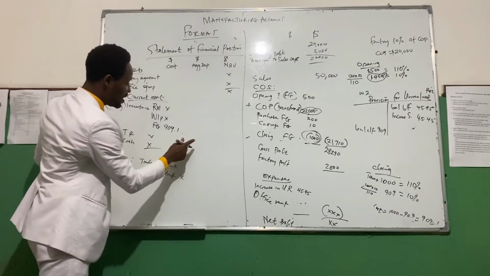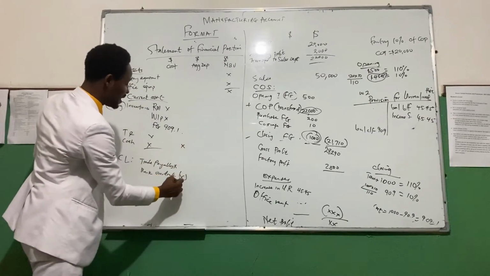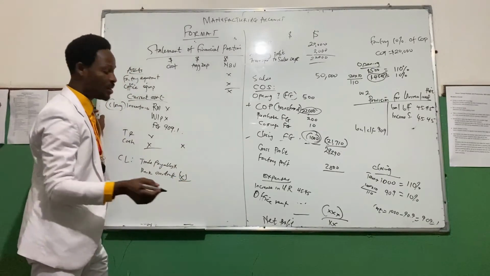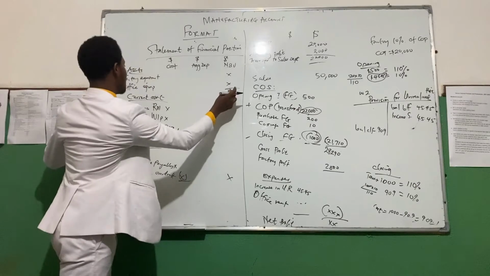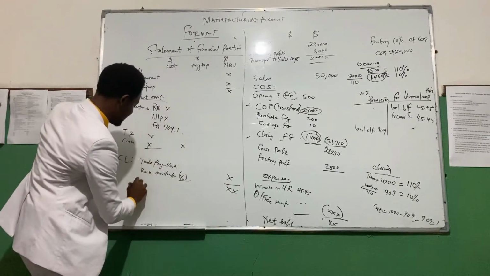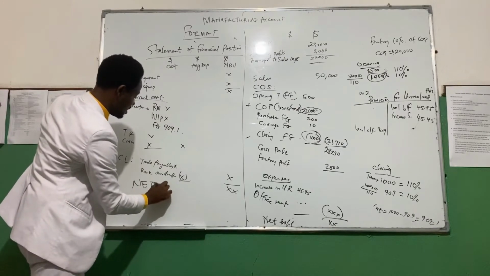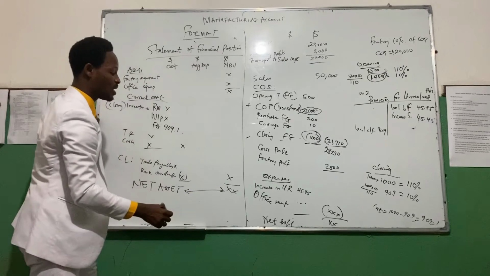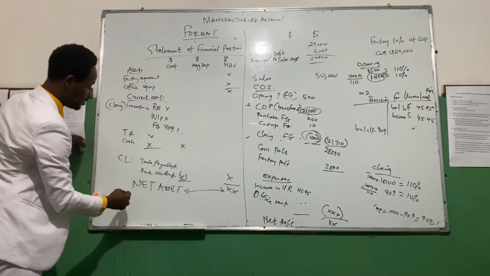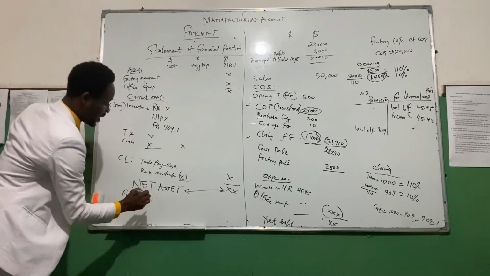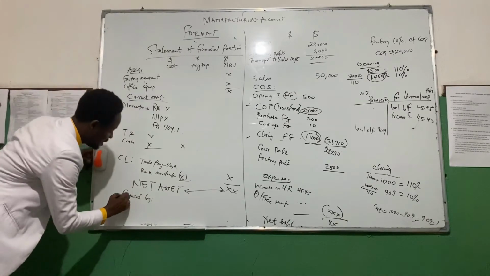When you deduct current liabilities from current assets, you get net current assets or working capital. Your working capital plus non-current assets gives you net assets. This answer is expected to be the same as your capital employed, which is done in financed by. Financed by is your capital employed.